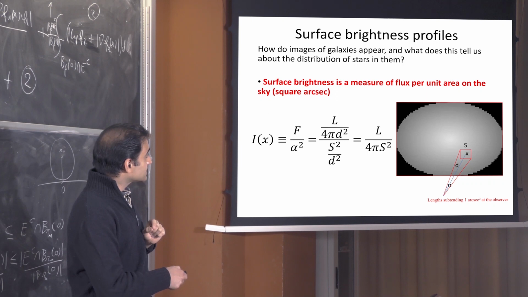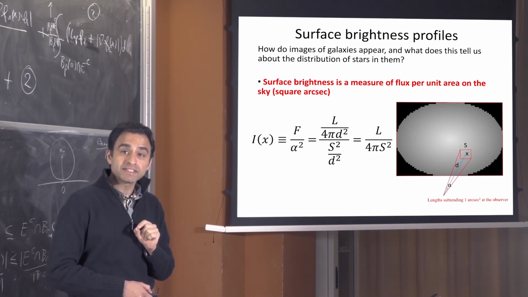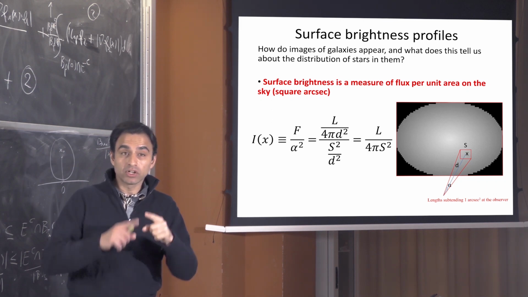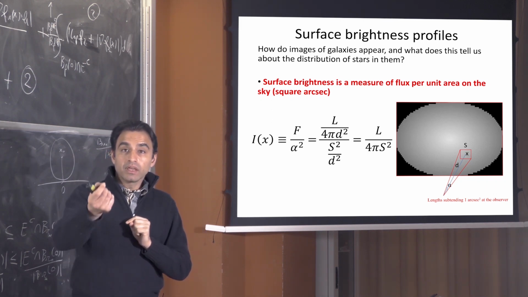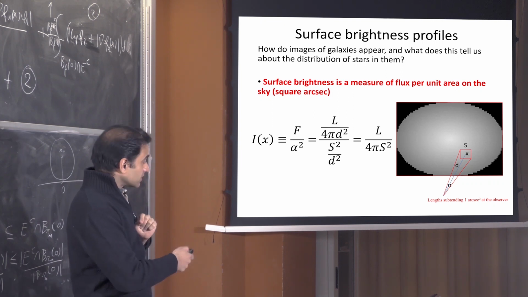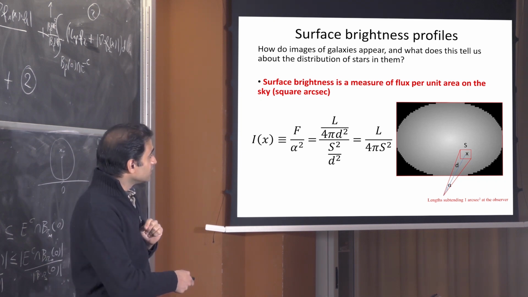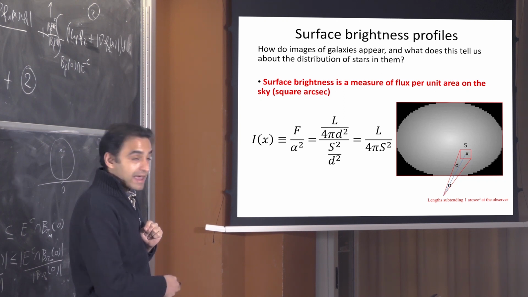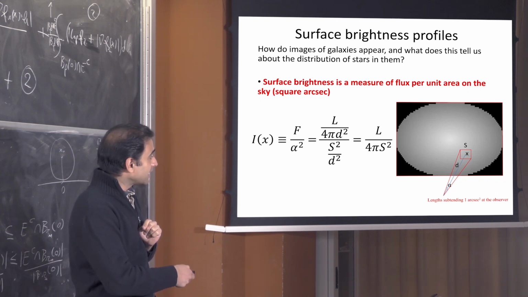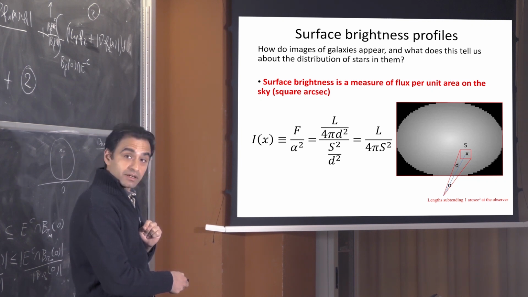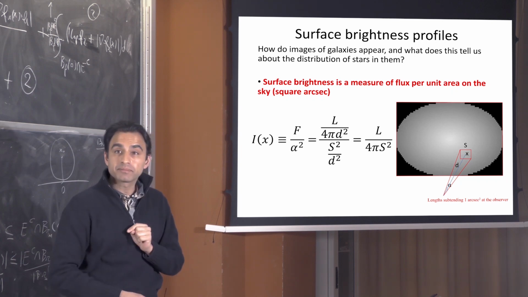Each pixel over here, or each portion of this image, will emit light in all directions. Suppose that we are observing the galaxy at a distance d, and we are positioned over here on Earth. So this small square of area S will emit light that we receive on Earth through the solid angle alpha.